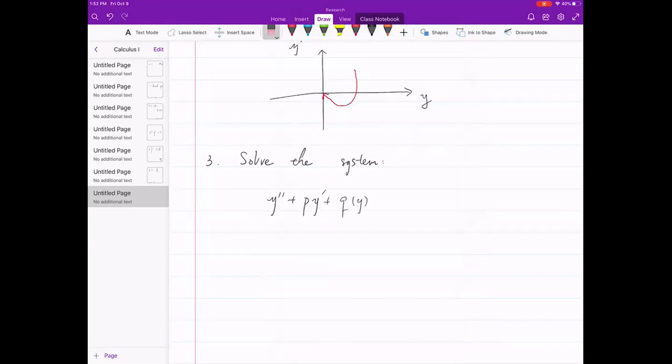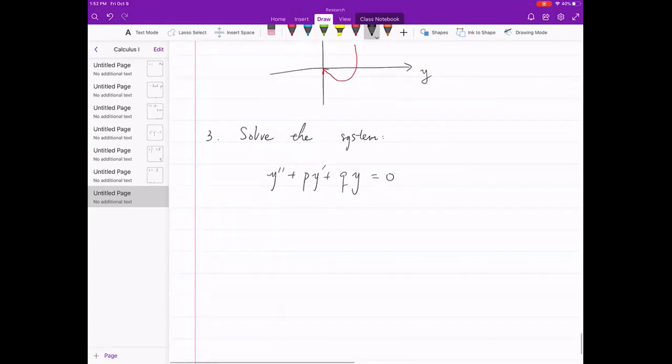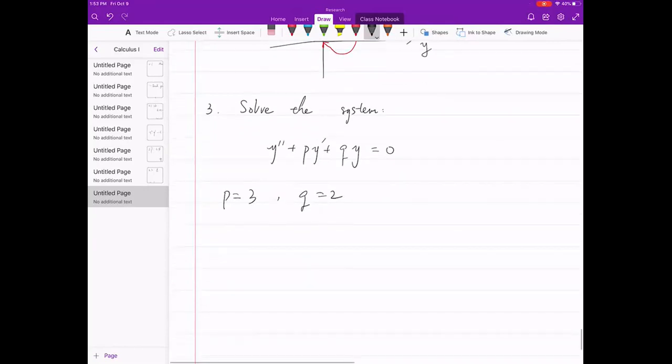I mean, seriously, if you want a system, this is probably the easiest one you can have. Number one, you only have constant as your coefficient. Number two, for a system, you need to have at least 2. And this one gives you 2, not 3, not 4. So this is probably the easiest one. To make it more straightforward, let's pick P equals 3, Q equals 2. So you're basically looking like this.